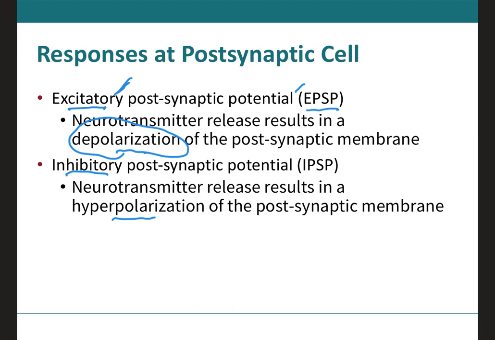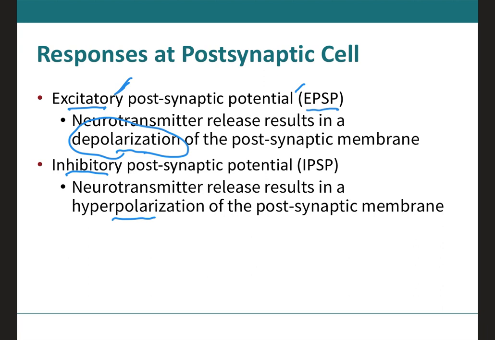So the more EPSPs that occur, the more excitable the cell will become, able to cause an action potential and depolarize. In contrast, if you have a neurotransmitter that causes hyperpolarization of the postsynaptic membrane, it will be inhibitory.